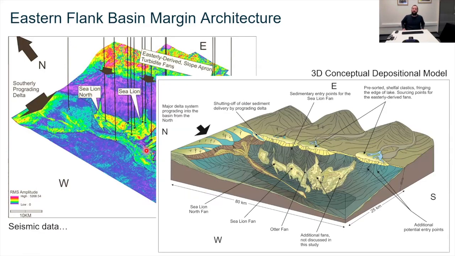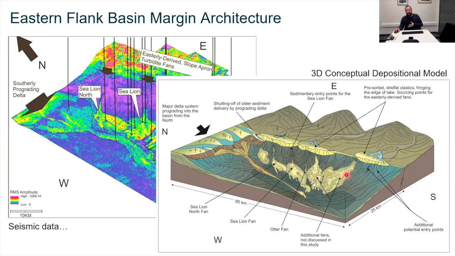Here's your 3D conceptual depositional model for that setting. We've probably got the delta toe sets in here, and the rest of this is out of the 3D area. But most of that is shown in here: Sea Line North, Sea Line, Casper and Zebedee is in there, and Beverley to the south.